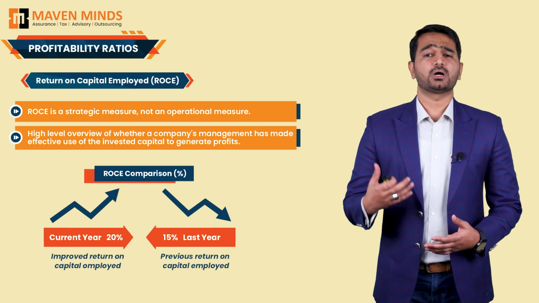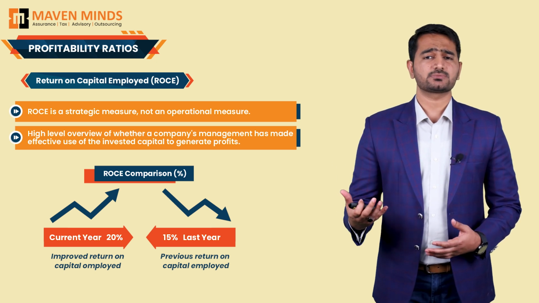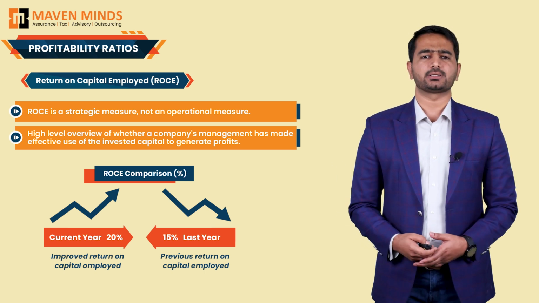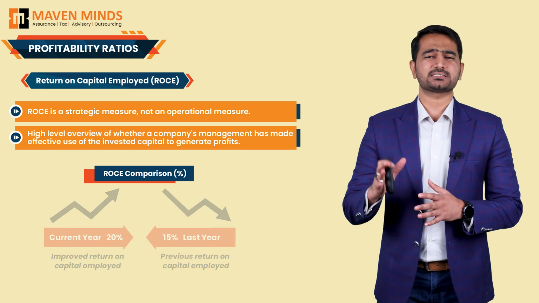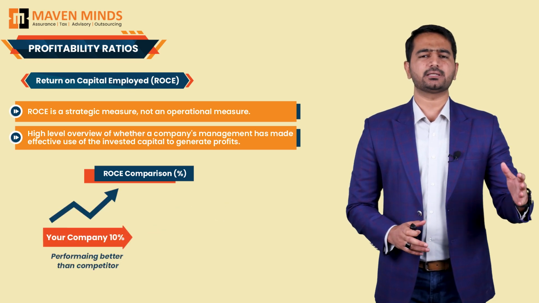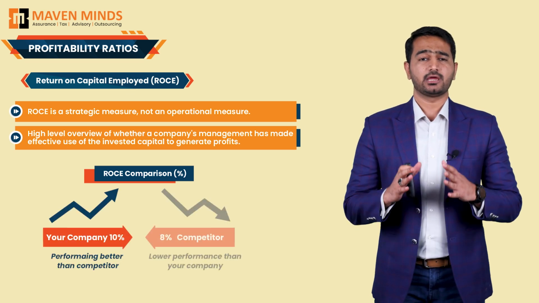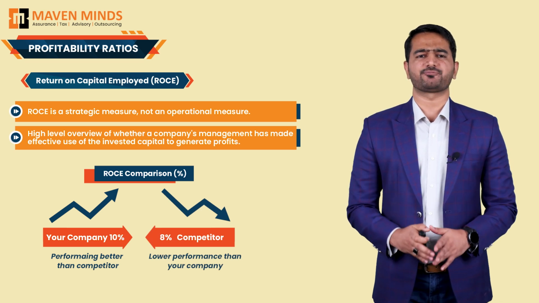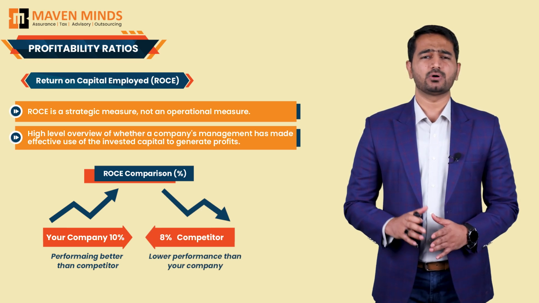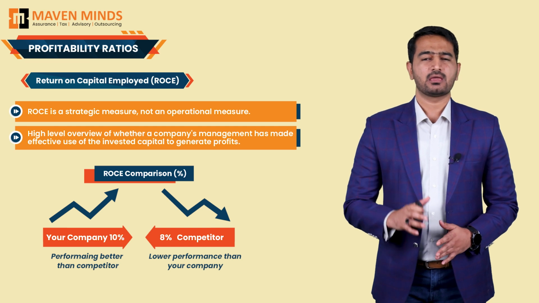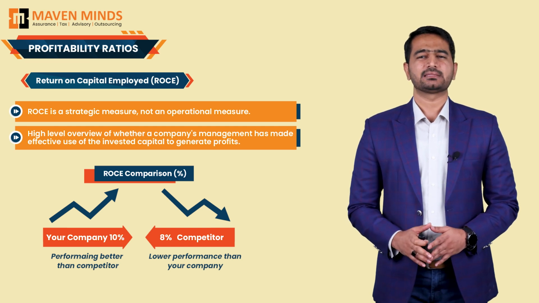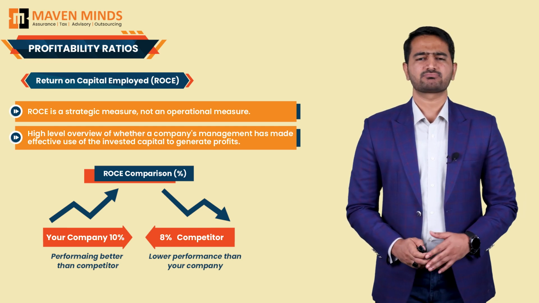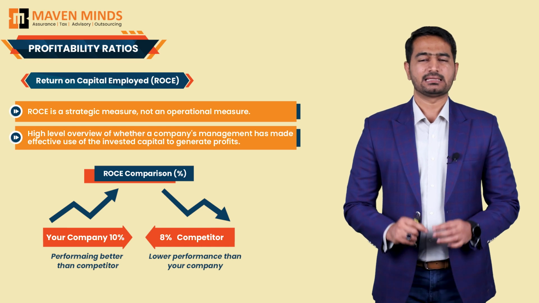Let's say you are comparing your company's ROS with the ROS of your competitor. If your company's ROS is 10% and your competitor is at 8%, at first you are performing better, at least on the surface. It may be due to effective management, better cost control, increased sales, or any other factor.